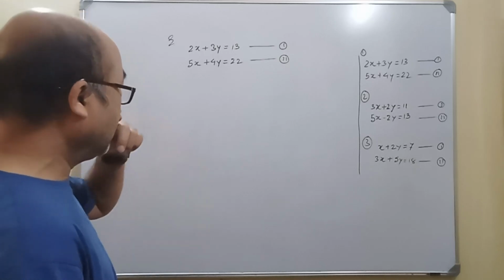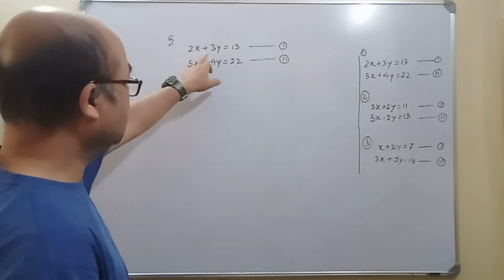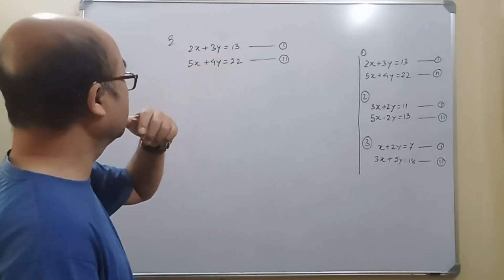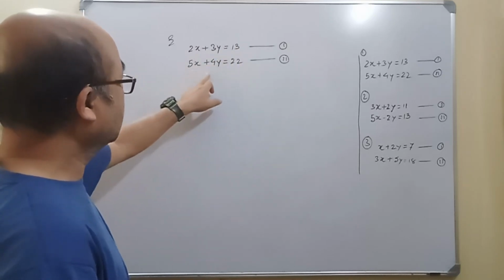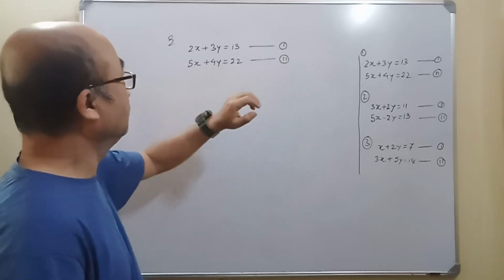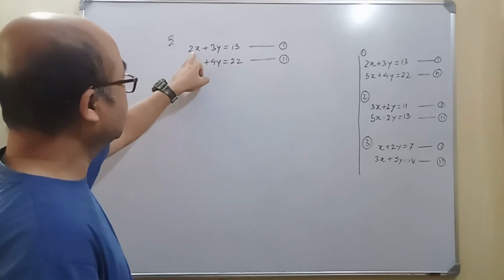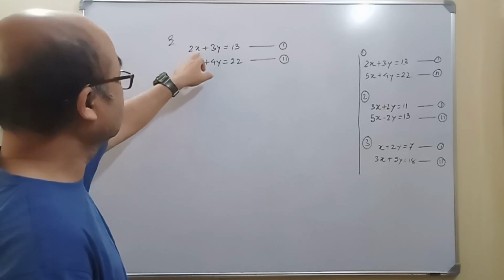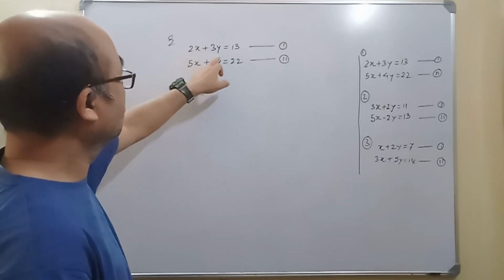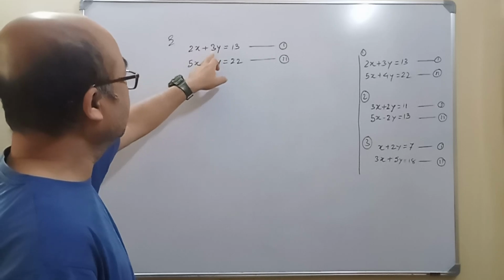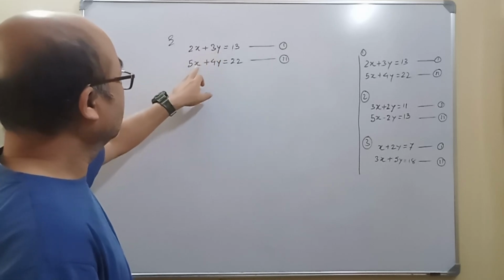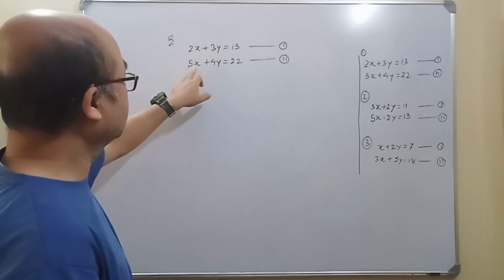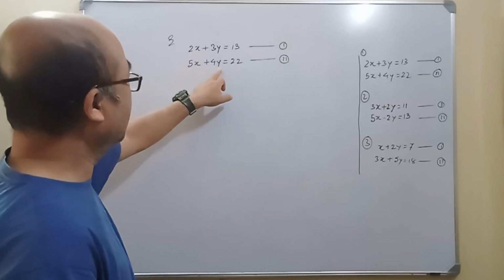So let us look at equation number 1. 2x plus 3y is 13, equation 1. 5x plus 4y is 22, equation 2. Here in the first equation, look at the coefficient of x, that is 2. Coefficient of y, 3. Here again, coefficient of x is 5 and coefficient of y is 4.